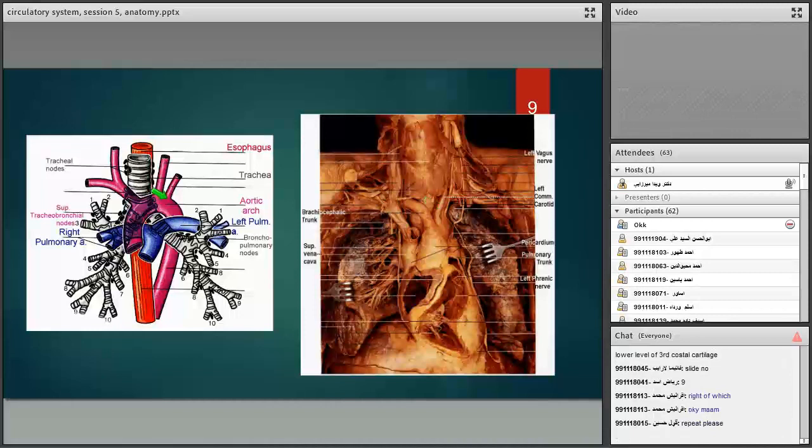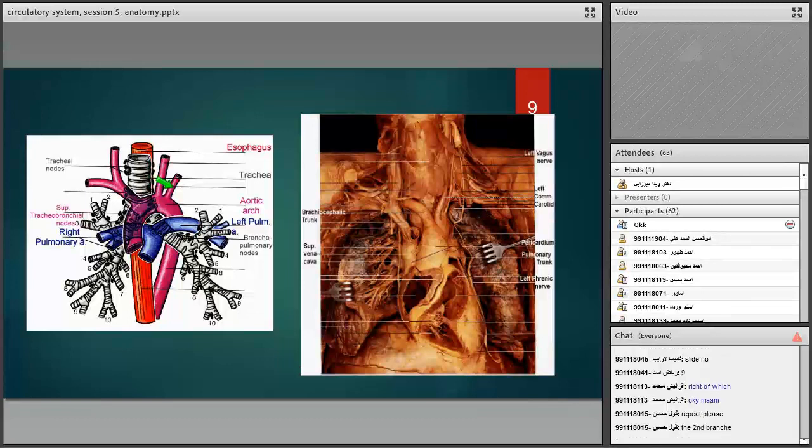The third branch of the aortic arc is the left subclavian artery, this branch.